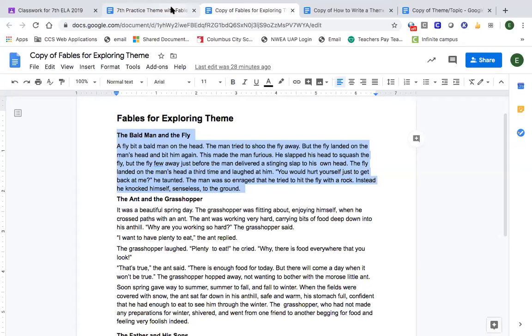So maybe we could say something about a person who is impulsive. Doesn't think about the action or the aftermath, but it could cause harm. Is only going to harm themselves. Something like that.